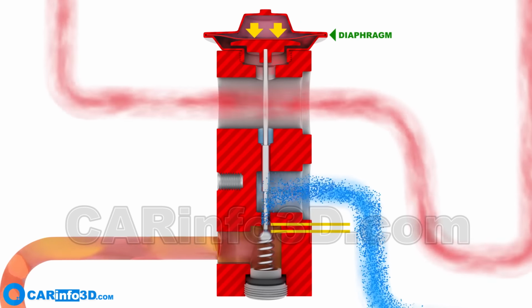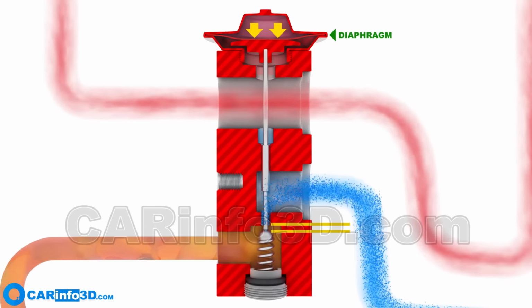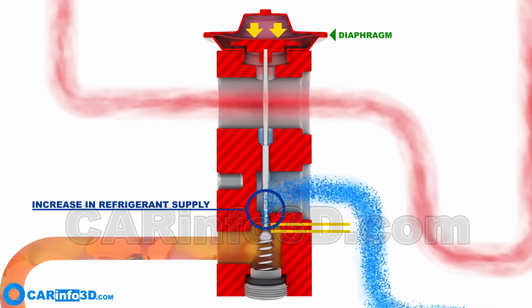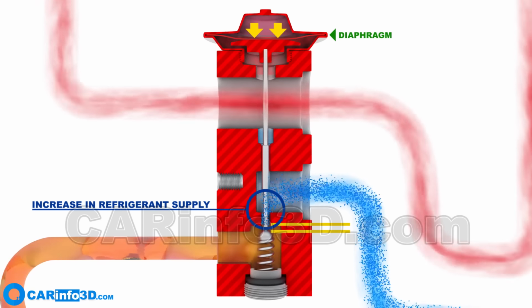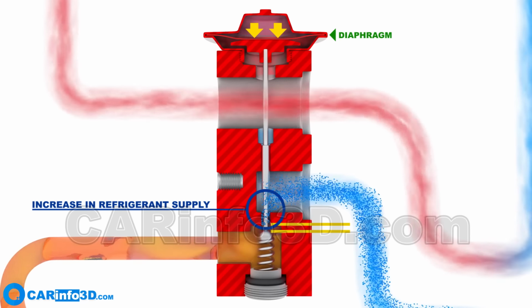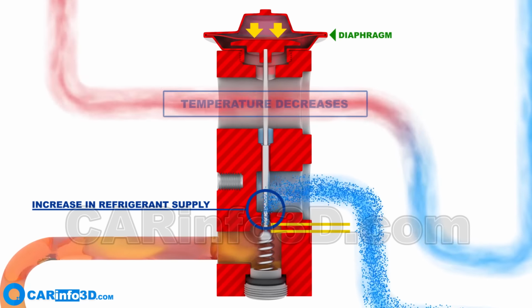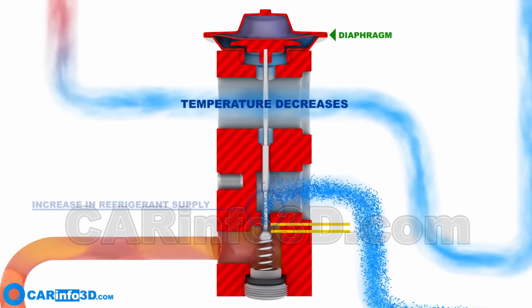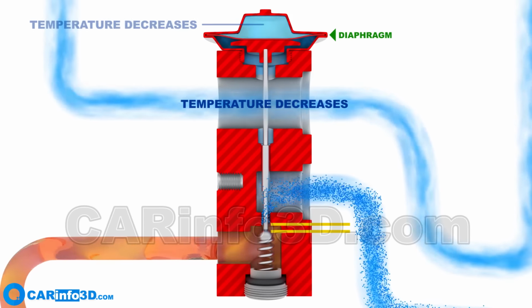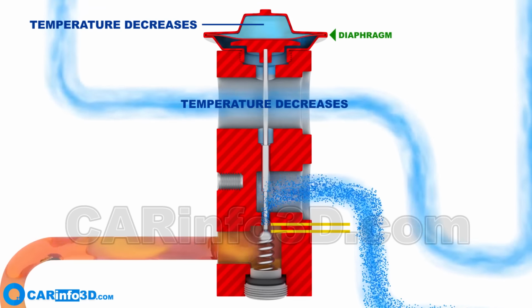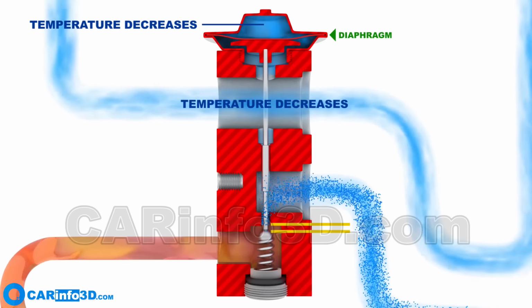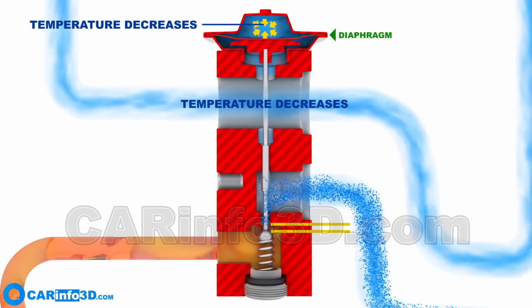The valve will open somewhat more, resulting in more refrigerant being injected, which lowers the temperature of the refrigerant in the evaporator and the temperature of the outflow. A cooler stream cools the gas behind the diaphragm, causing thermal compression and subsequent valve closure.